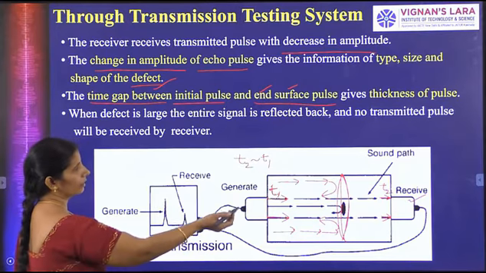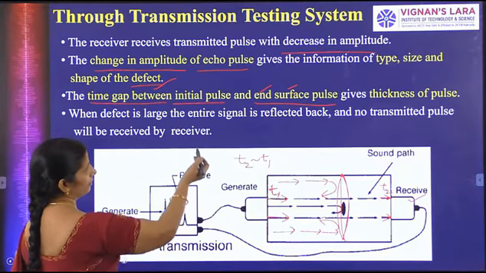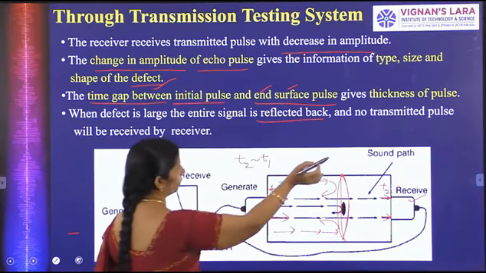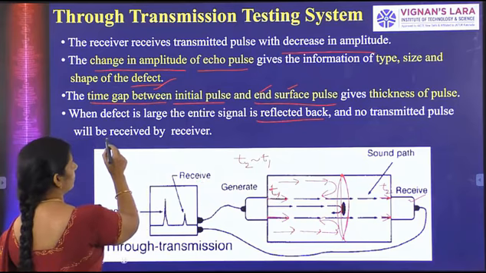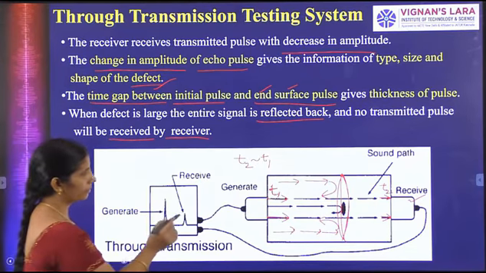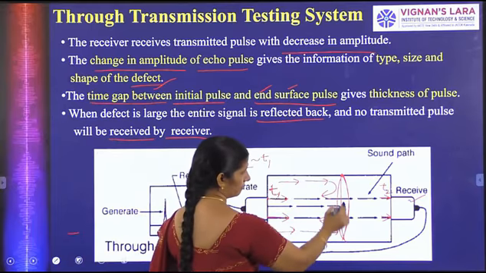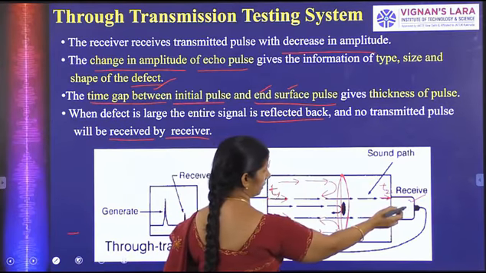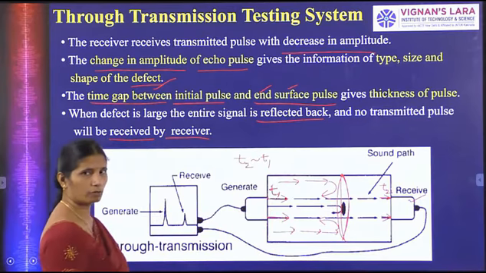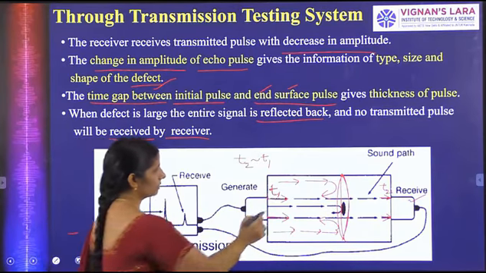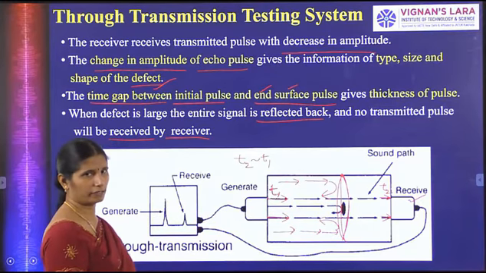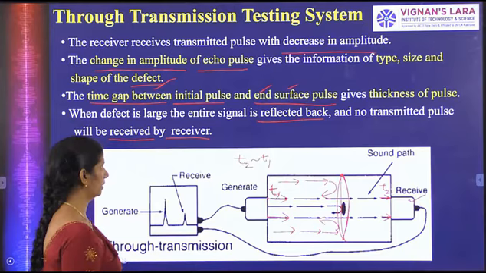The whole ultrasonic energy will be reflected back, and no transmitted pulse will be received by the receiver, because the defect is very large, so nothing will be transmitted through the specimen. There is only an echo pulse due to the large defect present in the testing specimen.